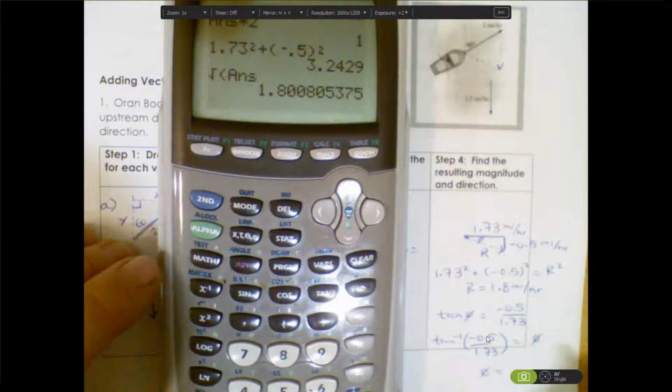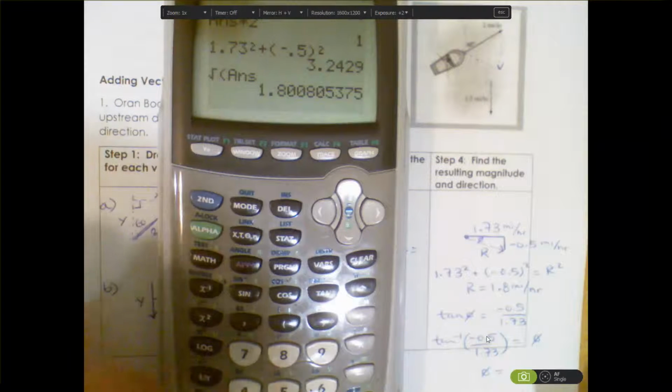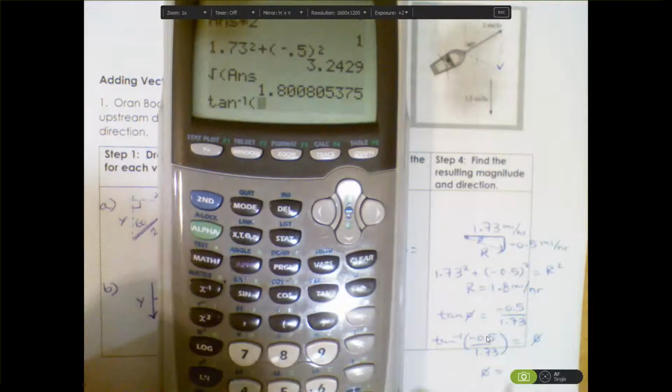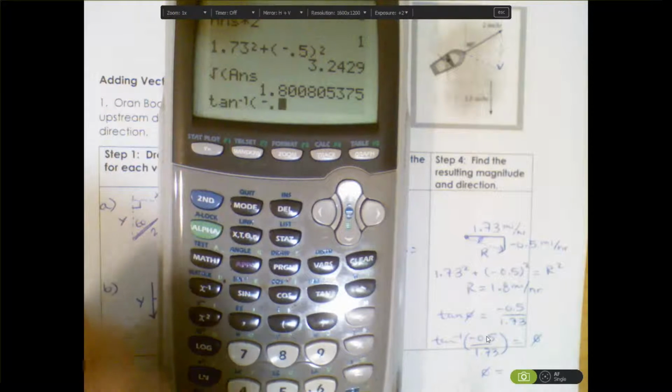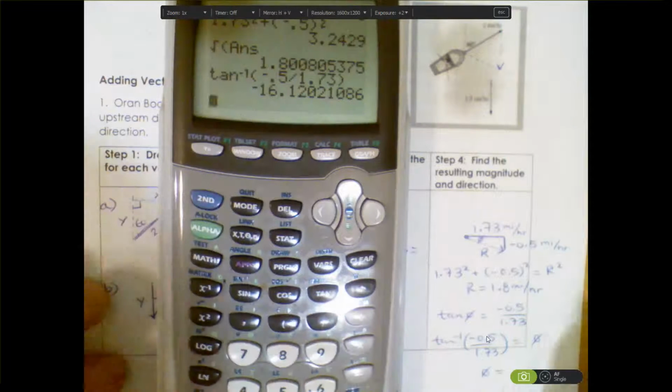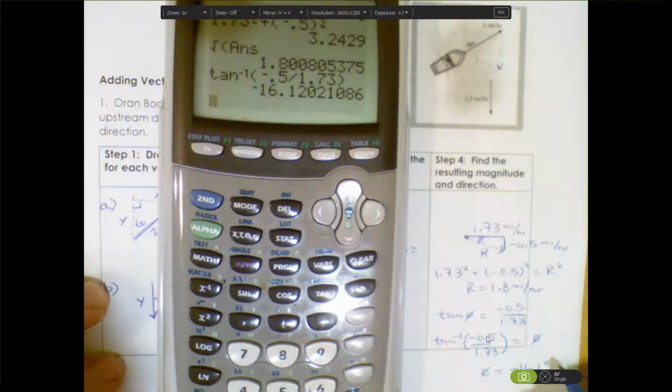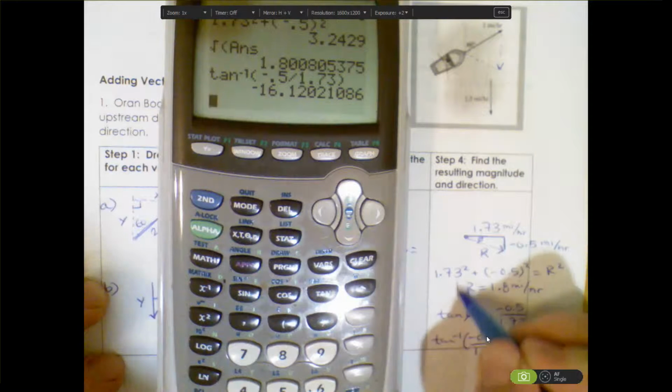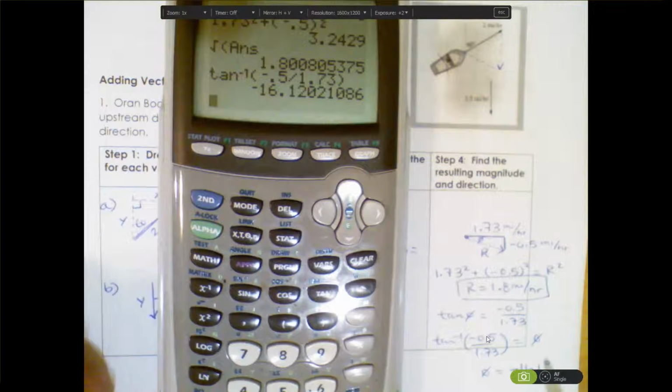And we find that, let's find our answer here. Negative 0.5 divided by 1.73. We get an angle of negative 16.1 degrees. So our vector is 1.8 miles per hour at negative 16.1 degrees.